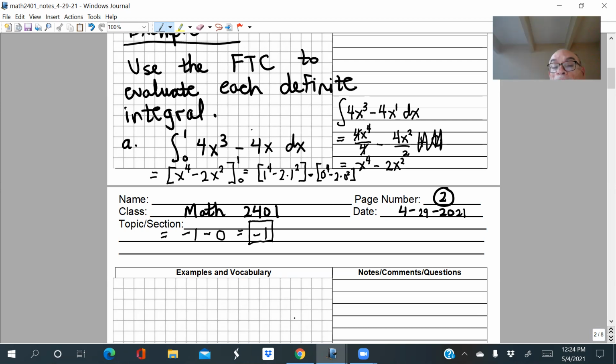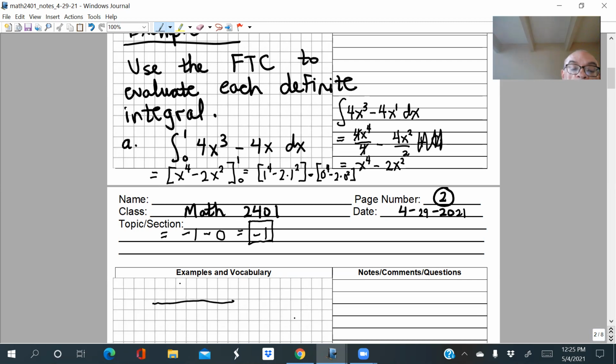Yeah, so this curve must fall below the x-axis, right? Between 0 and 1, at least part of it, maybe all of it, has got to be below the x-axis, because otherwise this area wouldn't turn out to be negative.